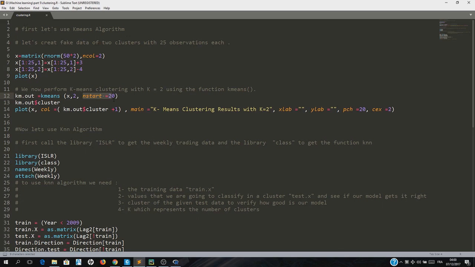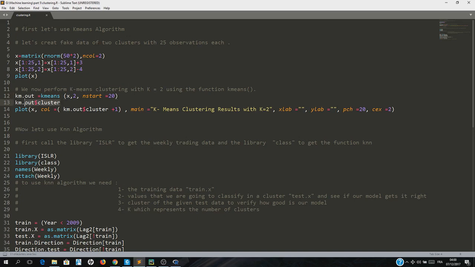The bigger the better, because with 20 times, R will choose the best representation and give it to us as the result. So it's really important to choose a number bigger than 1. The bigger the better. Of course, if it's too big, the algorithm will take too much time, especially if you are dealing with big data. So you have to think about that. But always, the bigger the better.